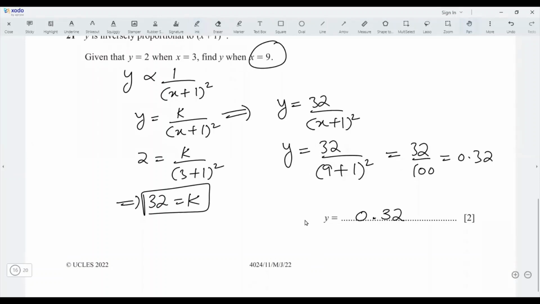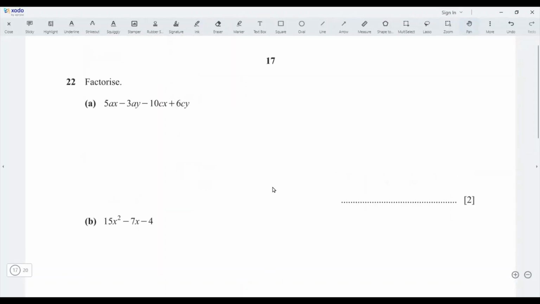Moving ahead to the next part. In the next question, it's of algebra and we have to factorize. Read the command word: factorize. Is there anything common in the first two terms? It is a. Inside the bracket is 5x minus 3y. So the negative is to be taken as common as well. 10 and 6, the highest common factor is 2, and c is to be taken as common. 5 and x is common.